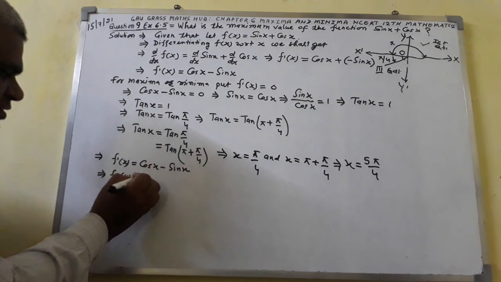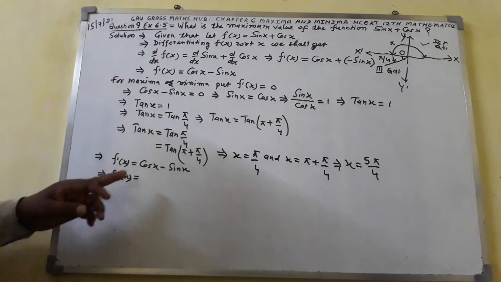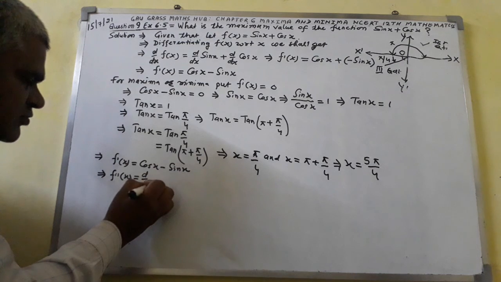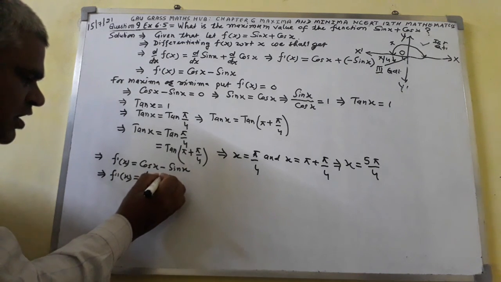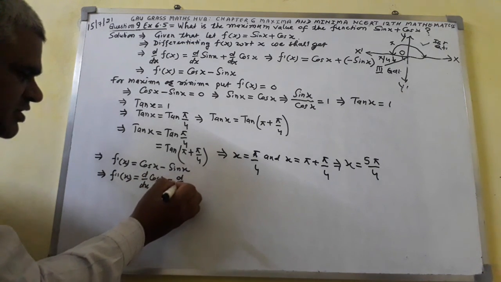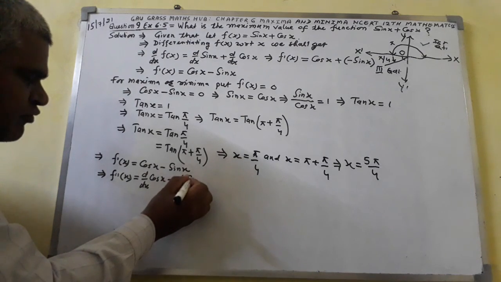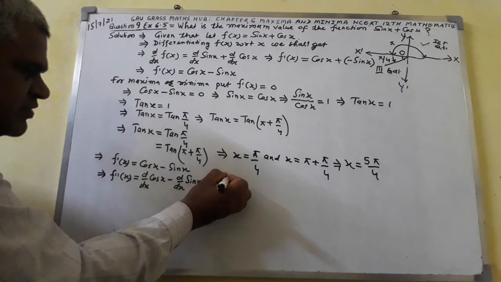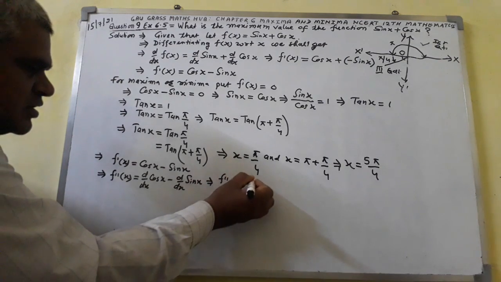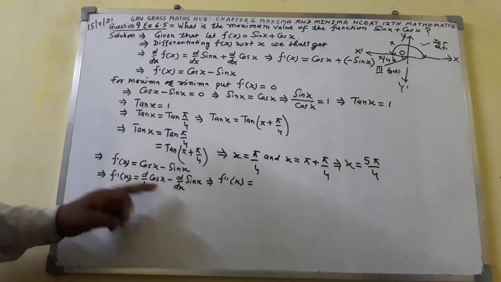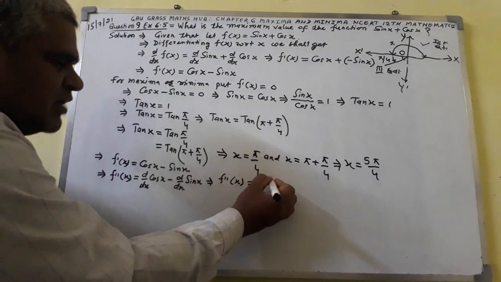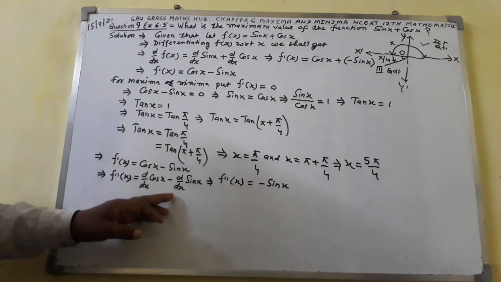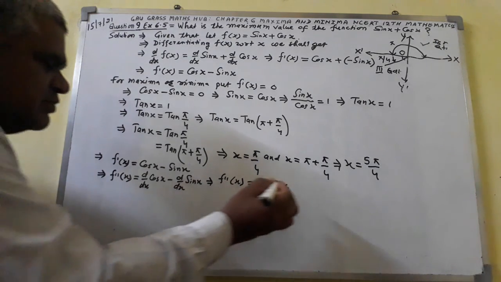So here we will get d over dx of cos x minus d over dx of sin x, implied that f double dash of x equal to: d over dx of cos x comes out to be minus sin x, d over dx of sin x comes out to be cos x.